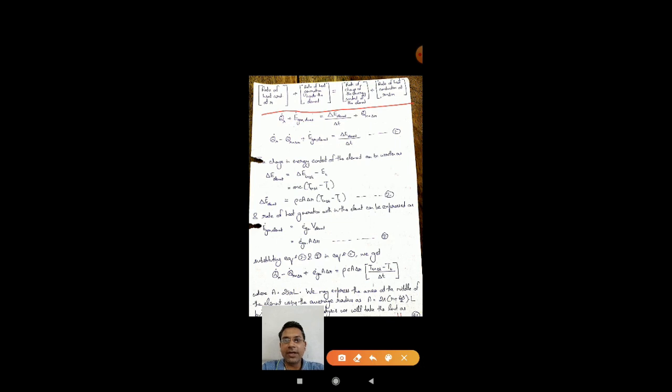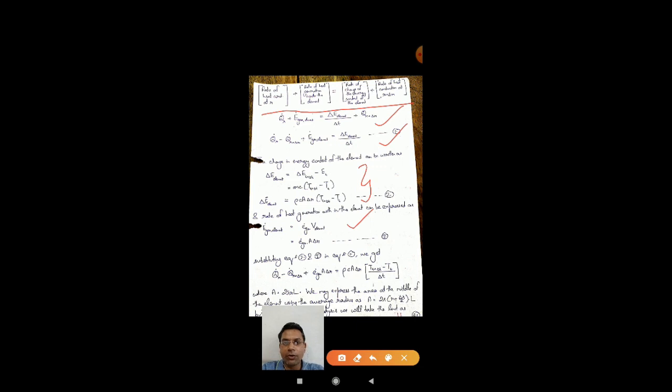The only difference is that in that equation it was delta x, the thickness, and here it is delta r, the radius of the element, because it is a cylindrical element. In the same pattern as written earlier for the plane wall, I have written the equations, rearranged them, and described the change in energy content of the element in the same fashion.